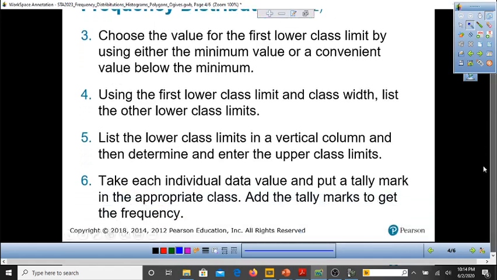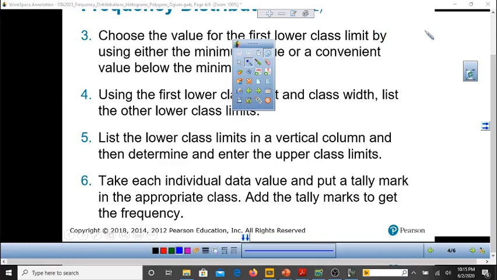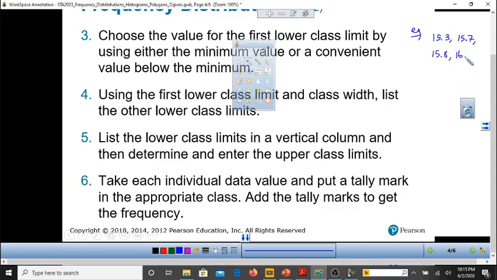I'm going to do a more detailed example afterwards, but what I'm trying to illustrate is that if you have a class width of, say, 5, and let's say your values are numbers represented to one decimal place: 15.3, 15.7, 15.8, 16.2, 16.5, 16.6, 16.9, 17.0, 18.1, etc. And let's say my class width is, say, 2, and my lower value is 15 for my first class.